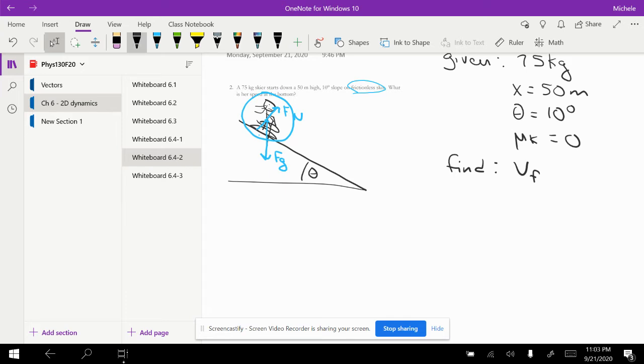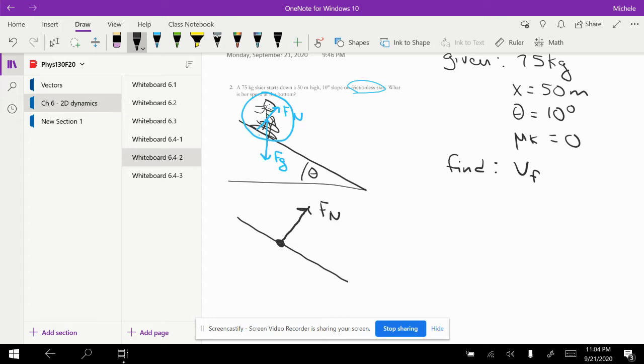So let's make a free body diagram. I'm going to add in this incline, and I'm going to do the free body diagram here. This is her, and my force of the normal is perpendicular, like that.